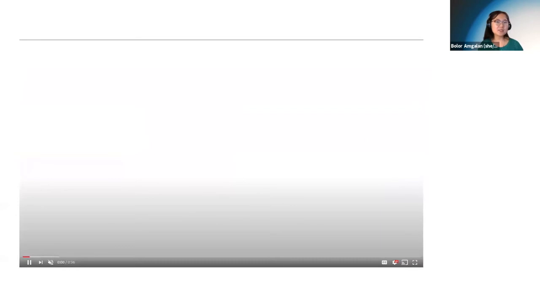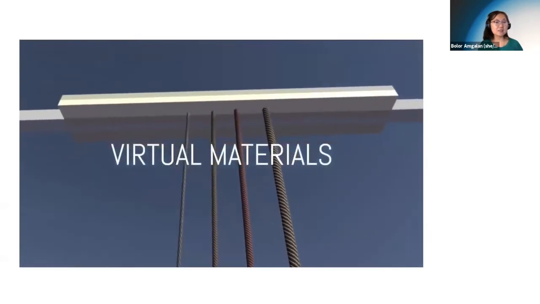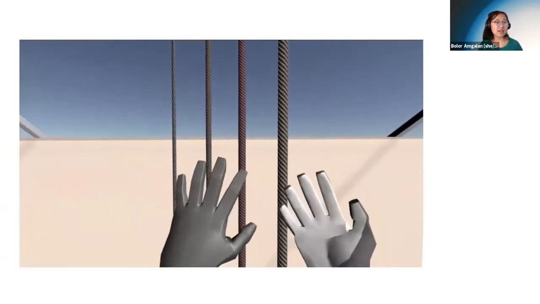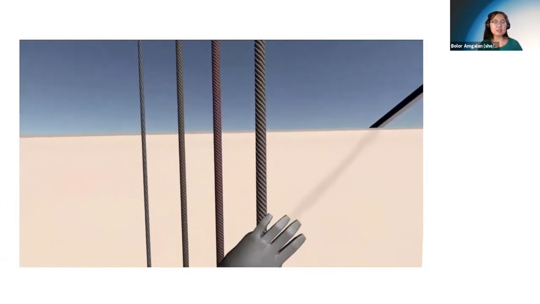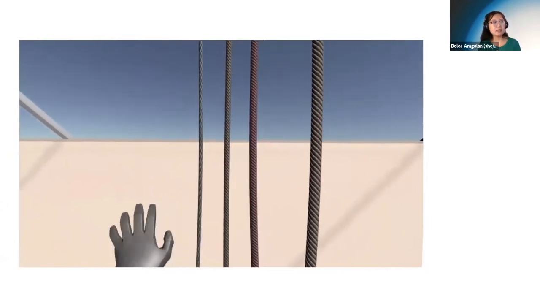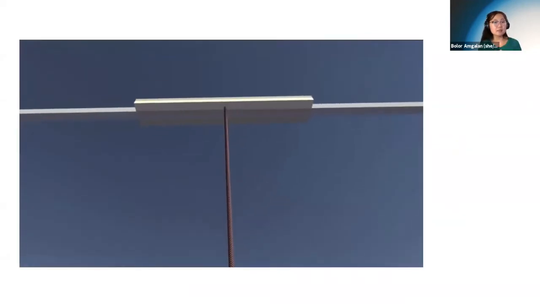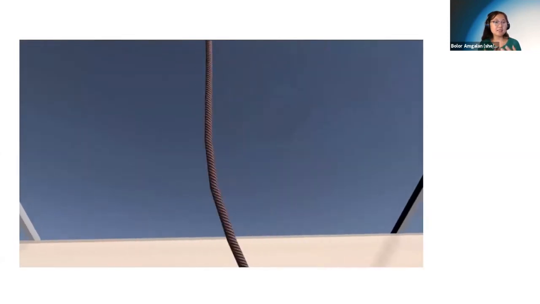To answer this question, I began creating a system that enables a VR, virtual reality-based craft or making experience. It uses simulated VR materials that react and behave similarly to physical, real textile materials.